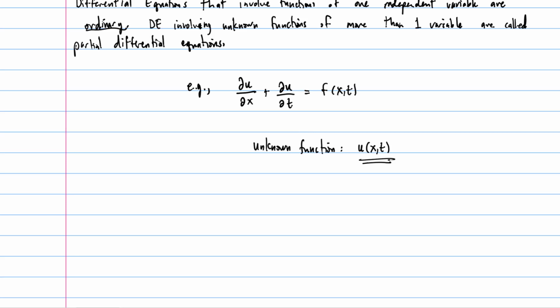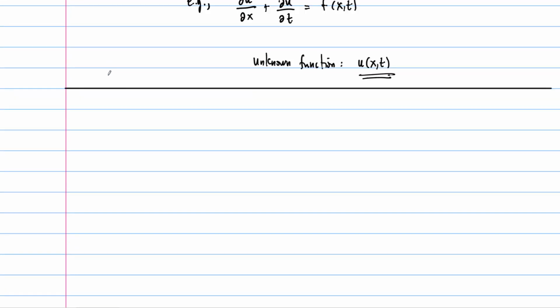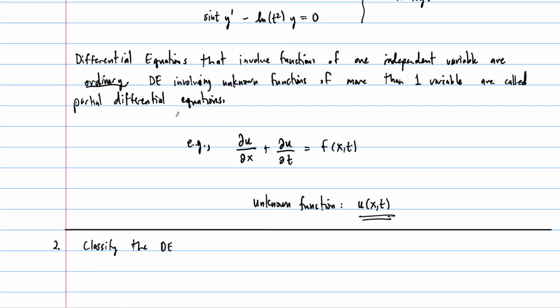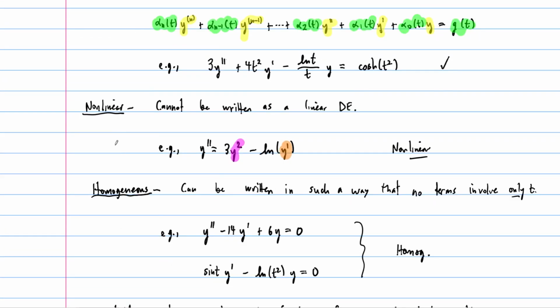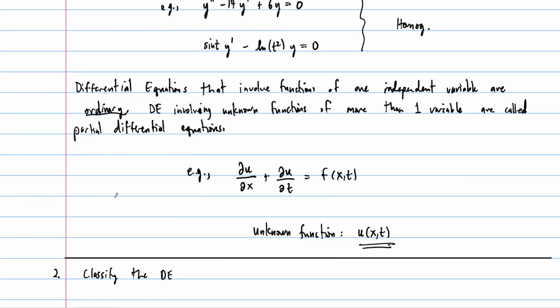All right, let's do an example of classifying a differential equation. So I'll write this down, call this item 2. But here's what I would like you to do. So classify the differential equation. Use all of the lingo that we just developed. So all those words that we just wrote down, go through and check off, what's its order? Is it linear? Is it nonlinear? Is it homogeneous? Is it ordinary?